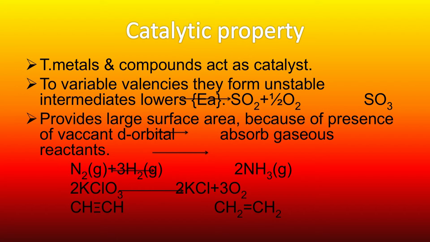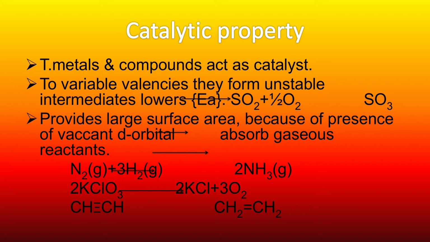If any catalyst increases the rate of reaction, we call it a positive catalyst. If any catalyst decreases the rate of reaction, we call it a negative catalyst. That means a catalyst is a chemical substance which alters the rate of reaction.